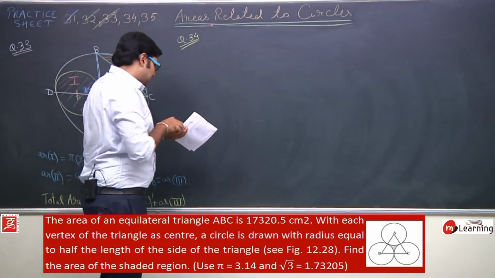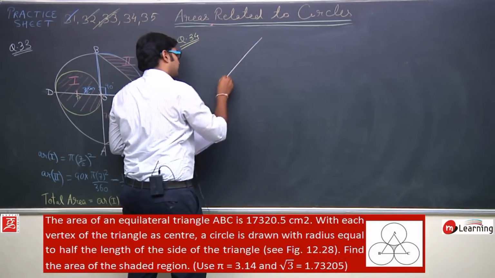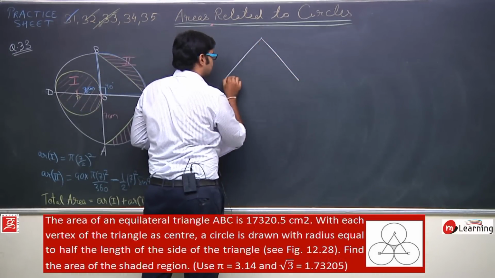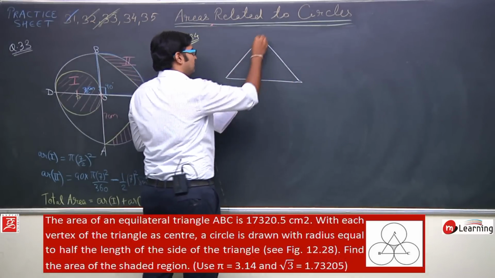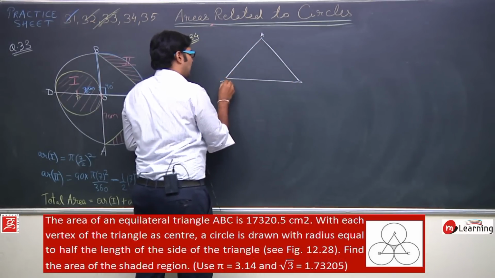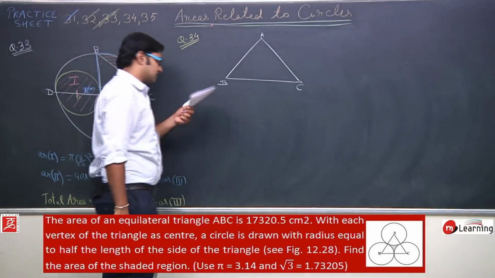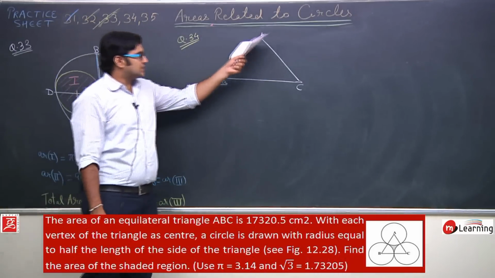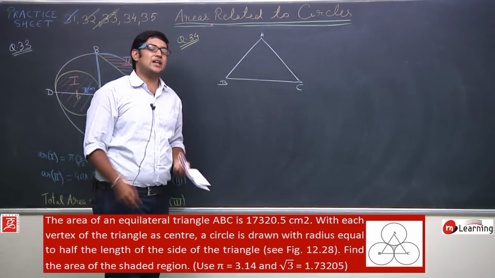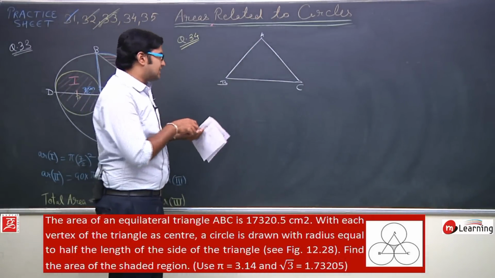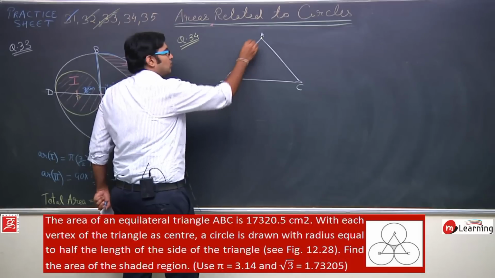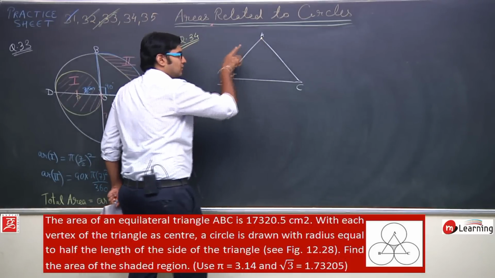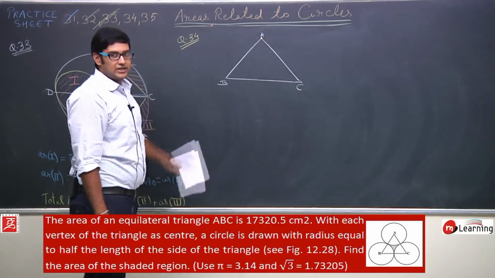What it says is, there is a triangle. On this triangle, which is an equilateral triangle, I have drawn 3 circles with the vertices of this triangle as the center, in such a manner that the radius of each circle is equal to half the length of the side of this triangle.